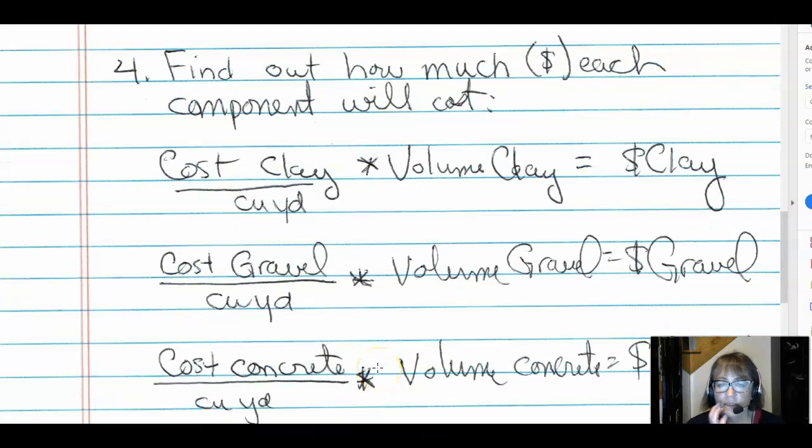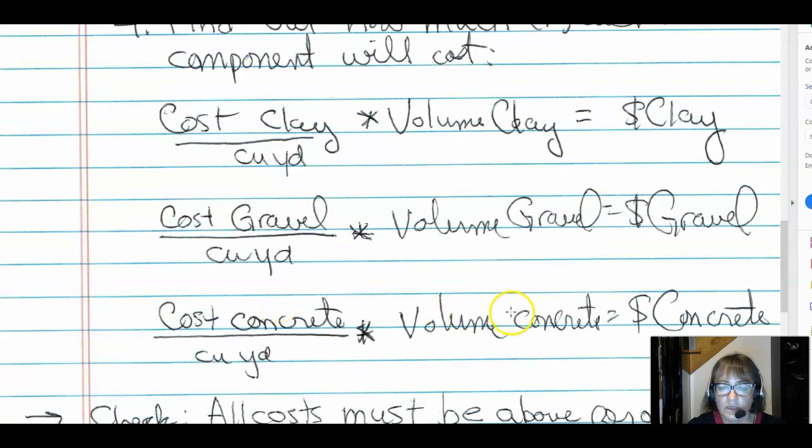All right, now we know how much clay, gravel, and concrete we need. And if we have those in cubic yards, we can quickly find out how much each of those components is going to cost us by taking what we found up in number 3, the volume of clay, and multiplying it by the cost of clay per cubic yard, which is given in the homework problem. Then the volume of gravel times that cost per cubic yard, and the volume of concrete times that.